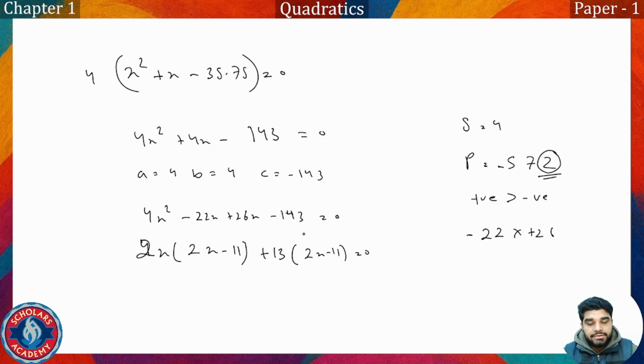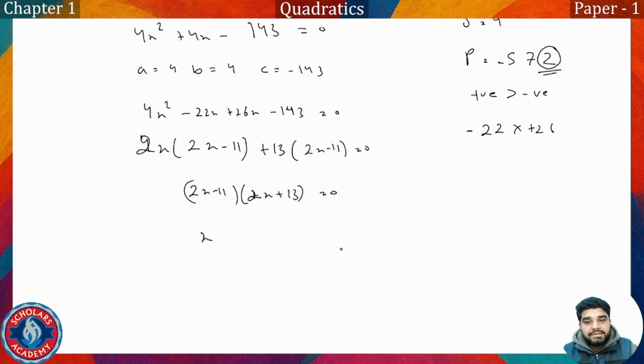So we get 2x minus 11 times 2x plus 13 is equal to 0. So we get x is equal to 11 by 2 and x is equal to negative 13 by 2. So these are the two zeros of this quadratic equation.